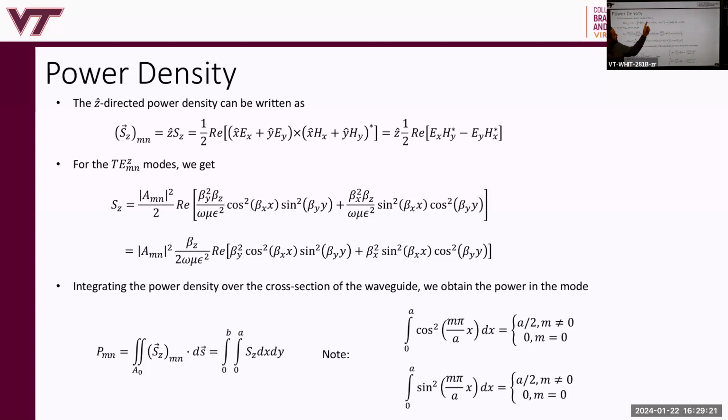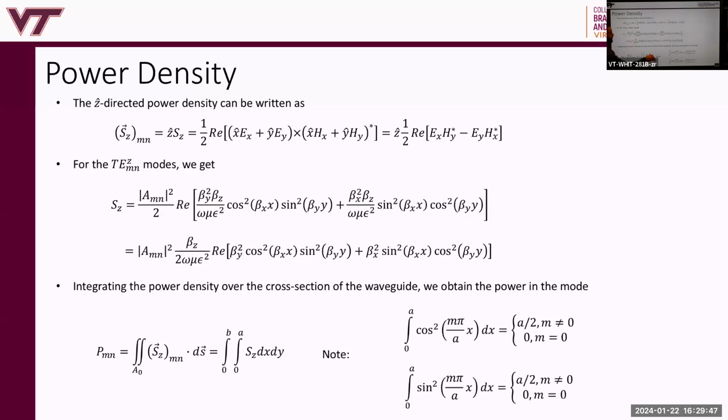So Ex cross Hx gives you nothing, right? But Ex cross Hy gives you z, and it gives you Ex times Hy conjugate. And then y cross x gives you negative z, so we get negative z Ey Hx conjugate. All right? Good.